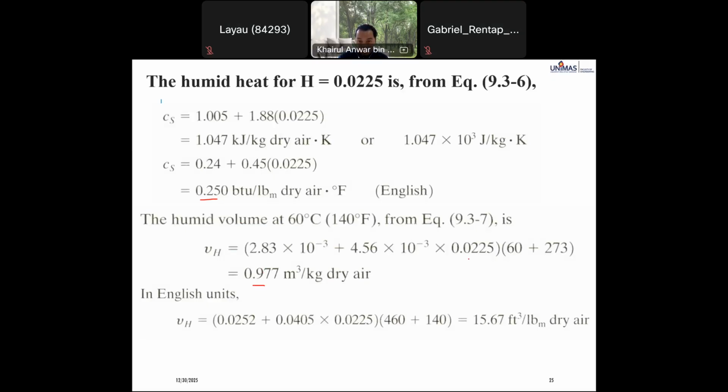So in this case, this is a H, 60 plus 273, 33.3-7.